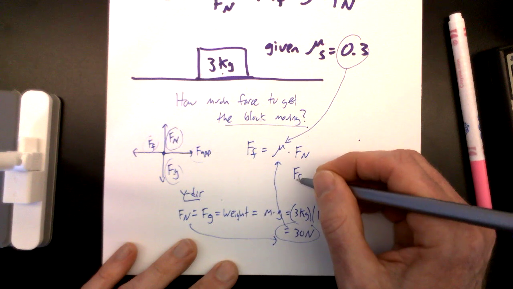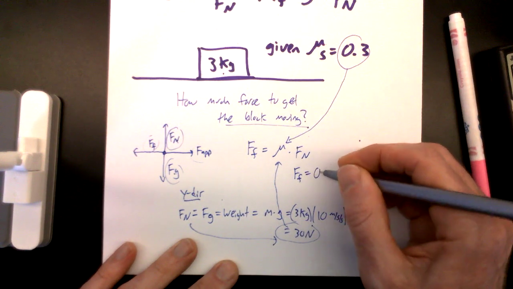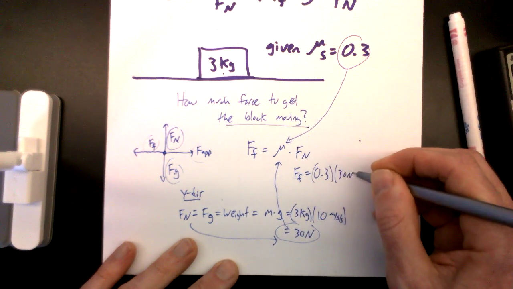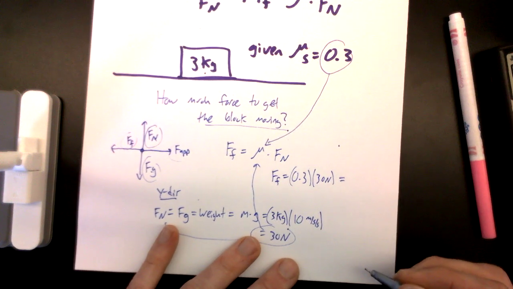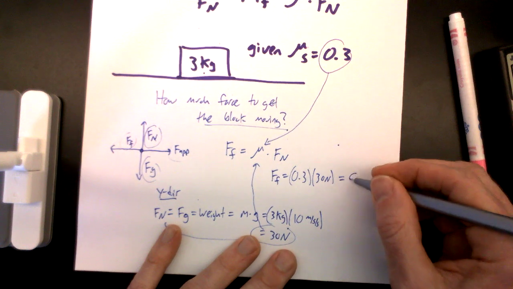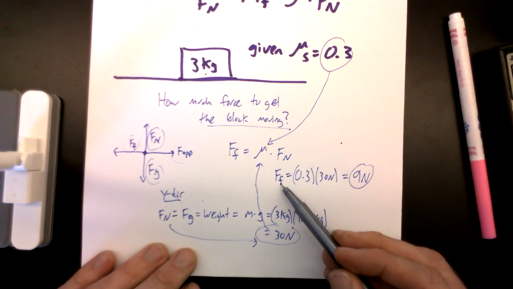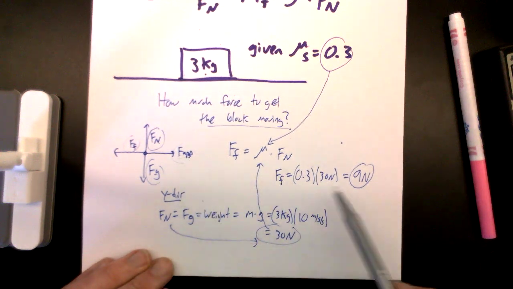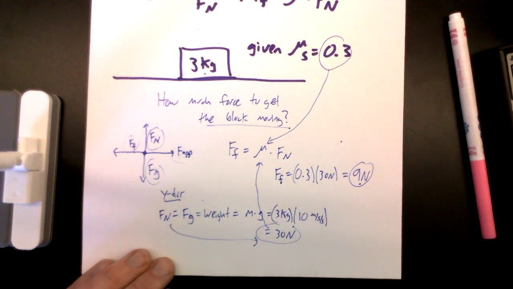My friction force is going to be 0.3, that's my coefficient of friction, times my normal force, 30 newtons. I think that we can do this without a calculator. 3 times 3 is 9, and then we just move the decimals. So 9 newtons. That's the maximum force that static friction is going to be able to push with. So I know if I want to pull this thing, I need to get just barely more than 9 newtons in order to overcome the friction force.